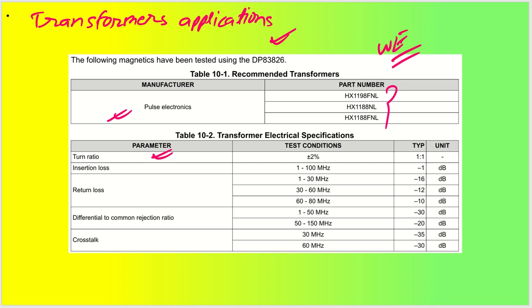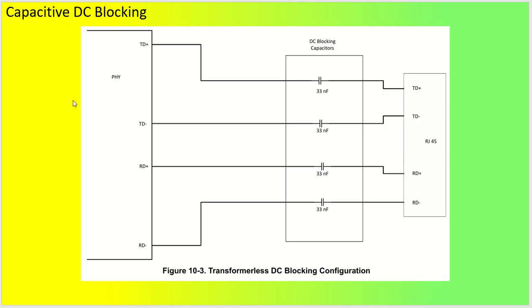Let us talk about capacitive DC blocking. Sometimes you don't want to utilize a transformer to reduce the cost, or your application doesn't need any isolation. Then you can remove the transformer and simply have a DC blocking capacitor in the middle. The TD plus and TD minus differential pairs can be sent directly to the RJ45 connector through a DC blocking capacitor of 33 nanofarads.